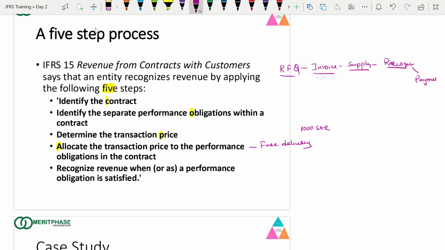There is nothing like free delivery. All is inbuilt. You allocate the transaction price to the obligation, and in the end we have to recognize revenue when, or as, a performance obligation is satisfied.